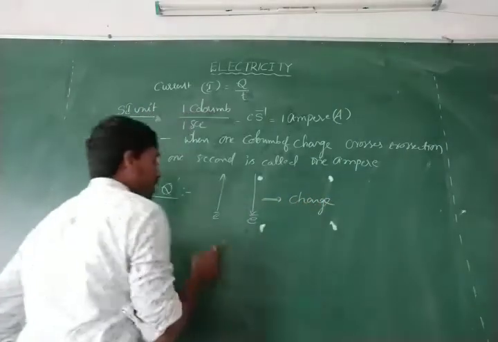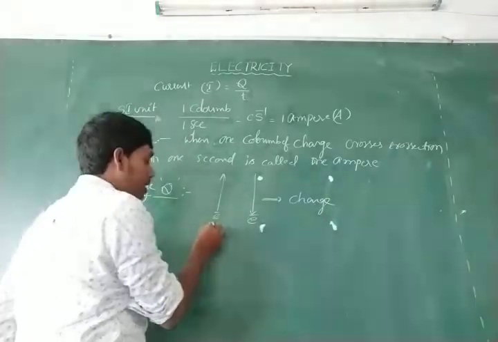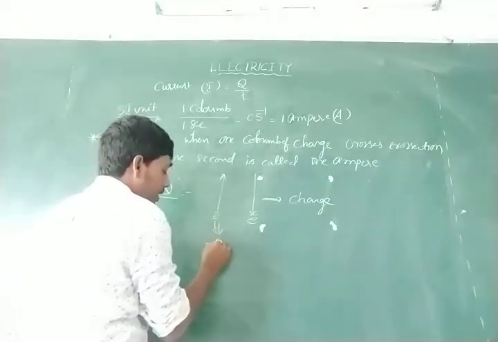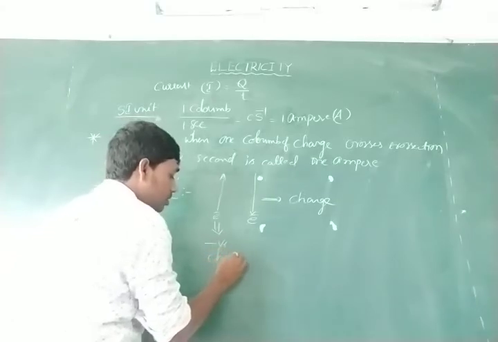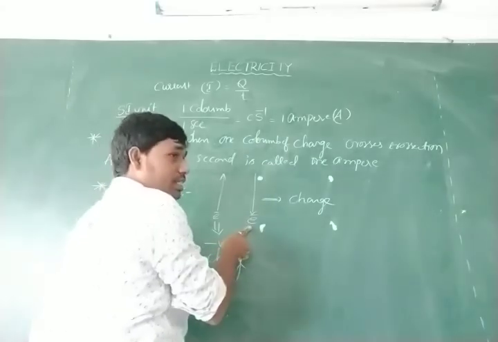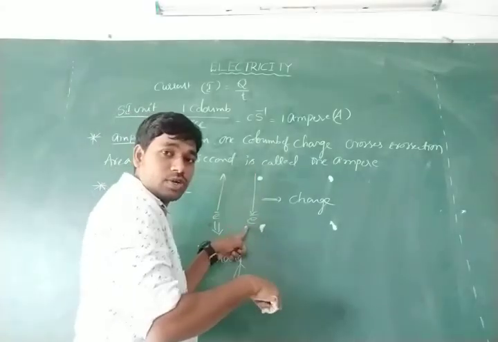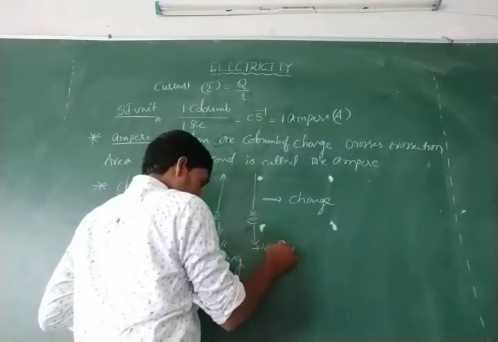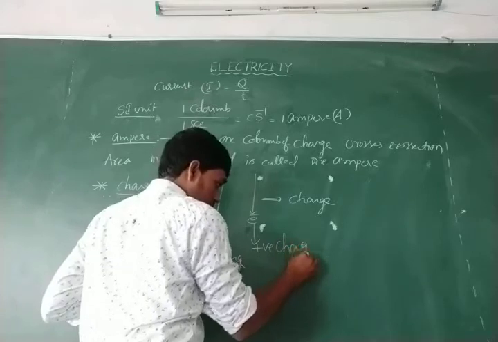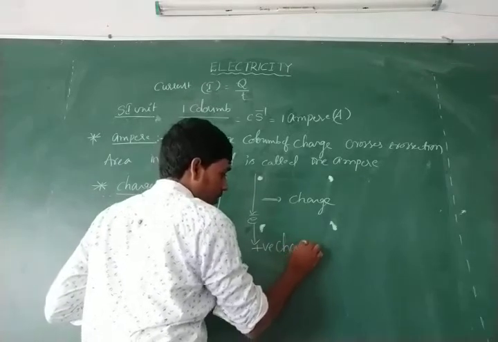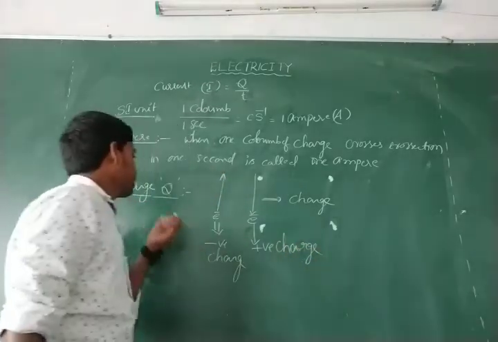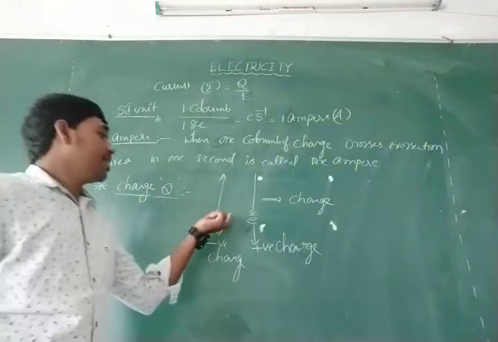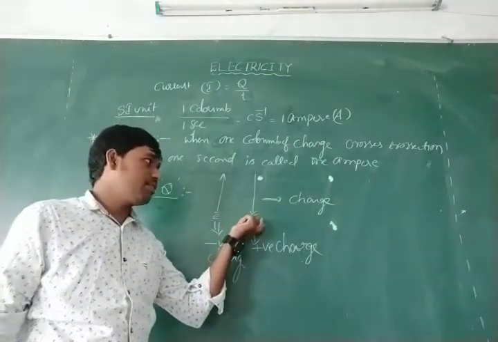So if there is an excess of electrons, it is called negative charge. Deficiency of electrons means fewer electrons, more protons, and it is called positive charge. So charge is nothing but the excess or deficiency of electrons.